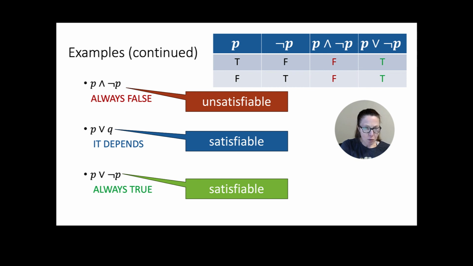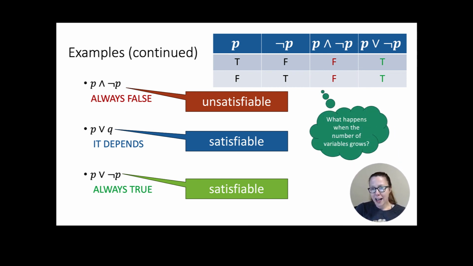And what we've seen is we've been making use of truth tables so far. So what happens when the number of variables grows? What if the number of atomic propositions needed to determine the truth or satisfiability of this greater compound proposition is so great? This can certainly happen. Using a truth table can be done by hand for compound propositions with a small number of variables.